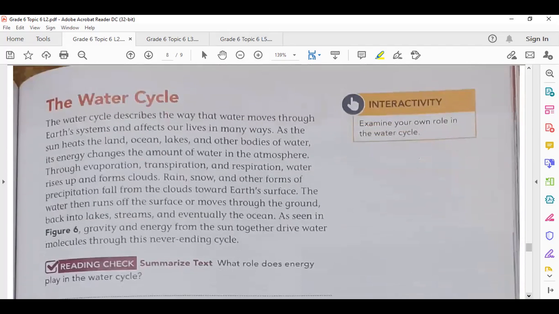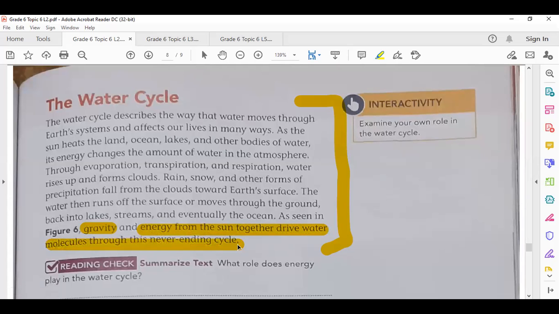So I want you to know here in this page that there are two important things in the water cycle: the force of gravity and energy from the sun. These two things, gravity and energy from the sun, together drive water molecules through this never-ending cycle.